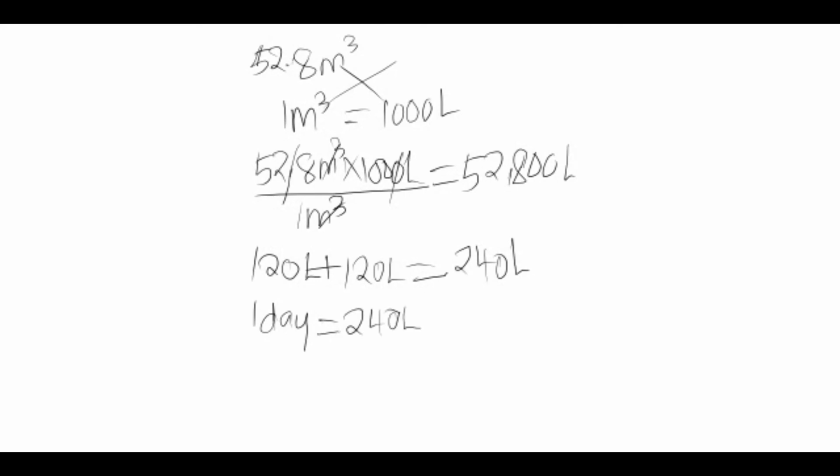What about 52,800 liters, it will be used for how many days? So we have to cross multiply. We have 52,800 liters multiplied by 1 day divided by 240 liters.